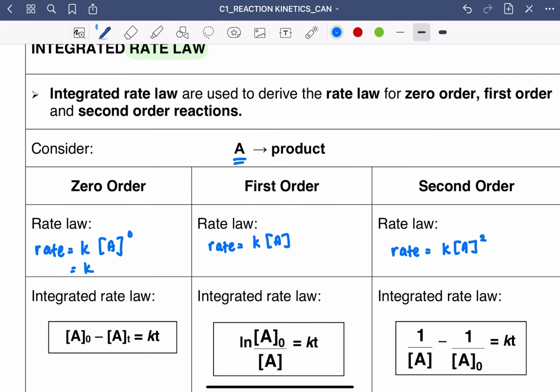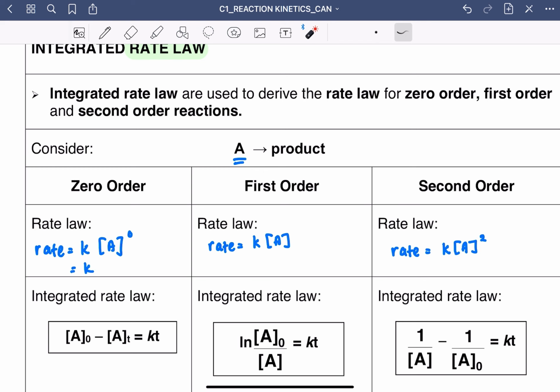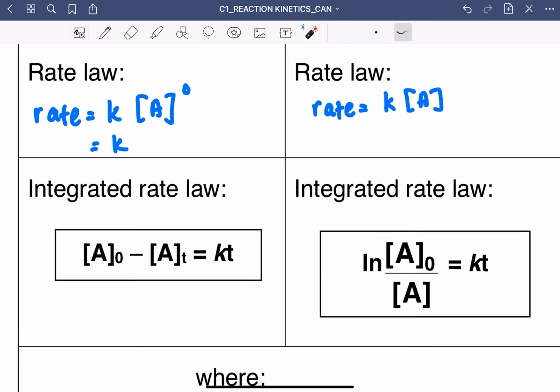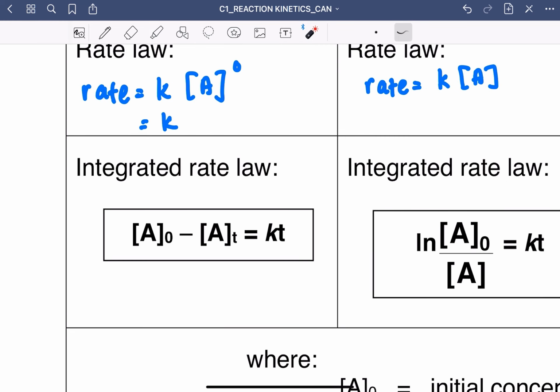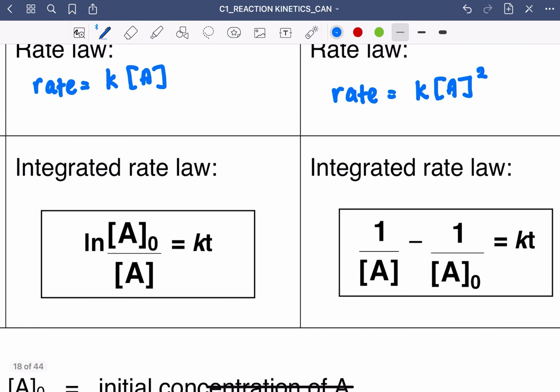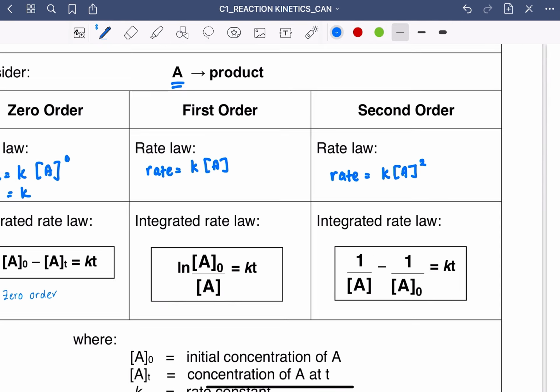Now, from the three rate laws given here, when we integrate them, we are going to get these formulas. So this is the integrated rate law for zero order, and then this is for first order, and this is for second order.